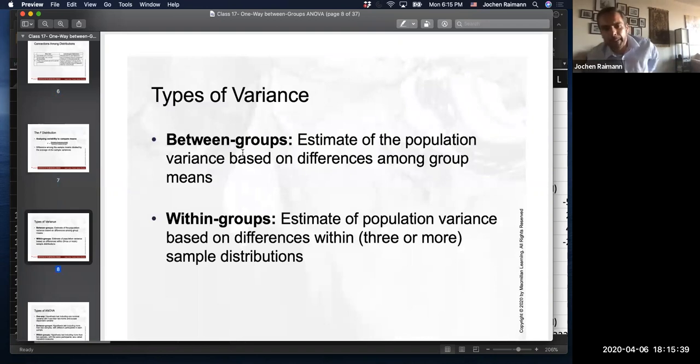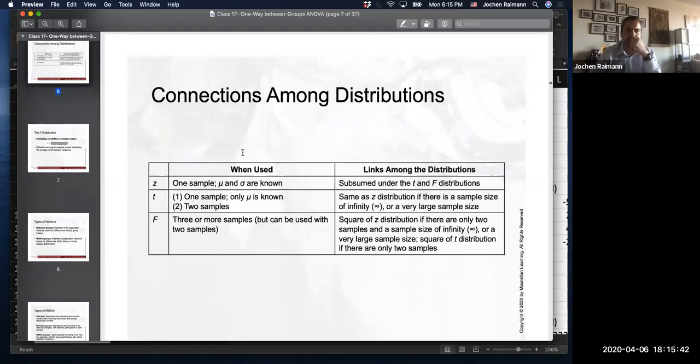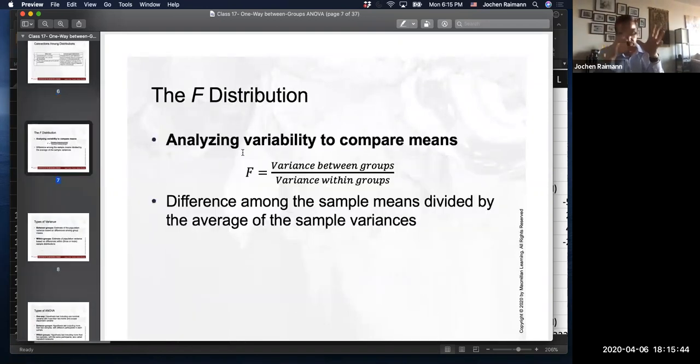Sorry for that. So essentially we are testing the hypothesis that none of the group means is significantly different from the grand mean of all 3 groups.